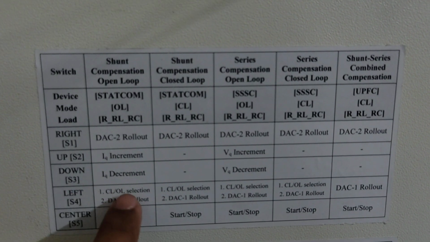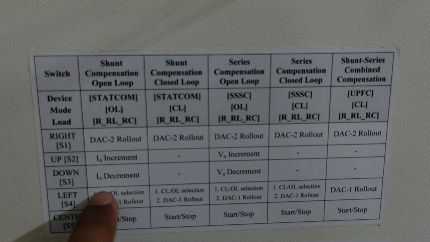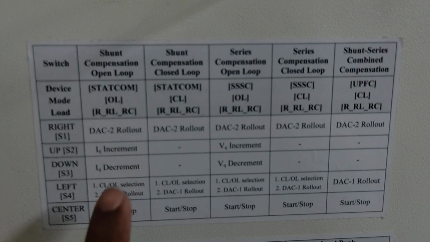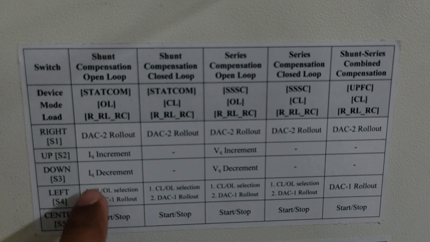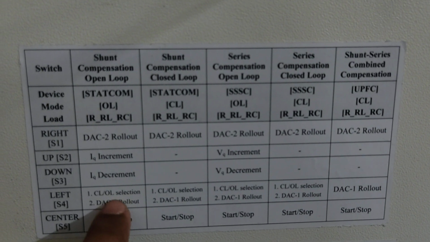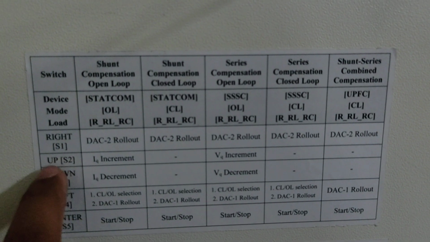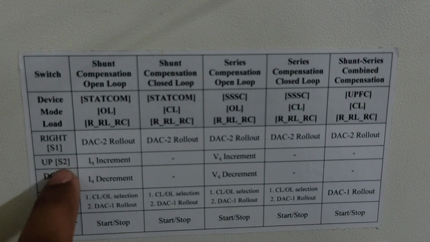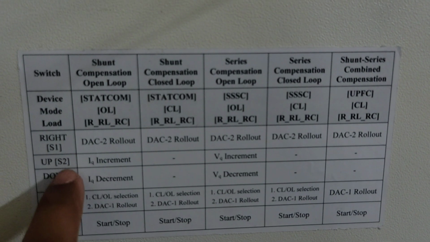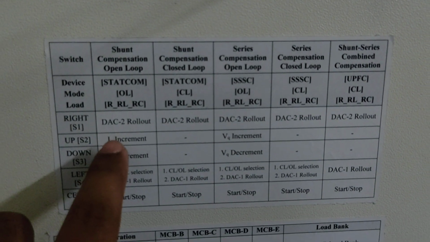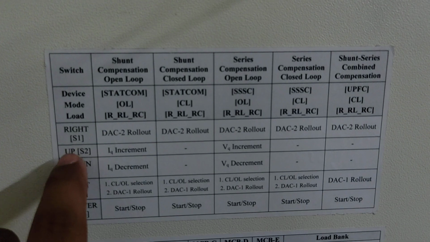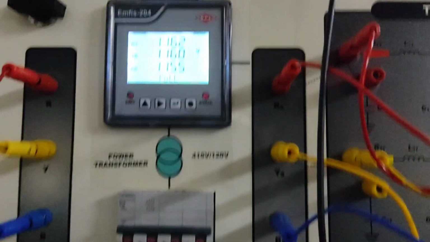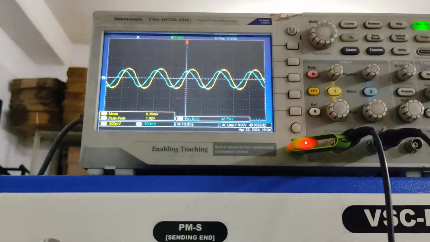The first left button is to select open loop or closed loop mode. After turning on the system, it will toggle to the DEC increase or decrease. By using the up and down buttons we will increase or decrease the IQ ref. Now you can see the voltage and current waveform.